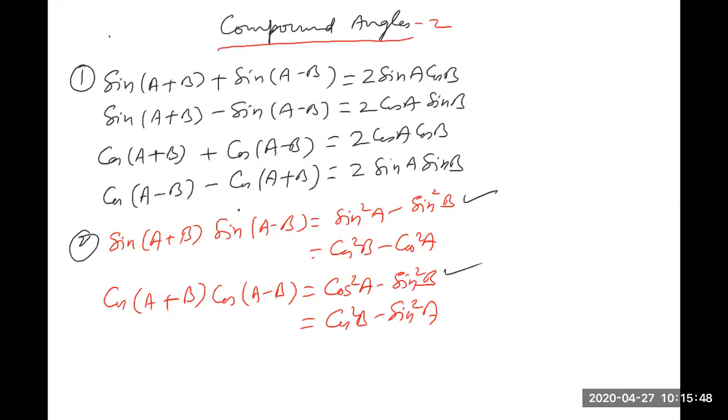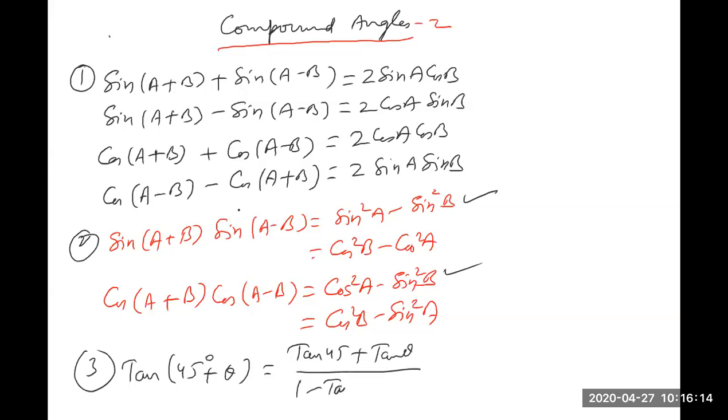Now, next. Tan pi by 4 plus theta. Using the formula for tan A plus B, tan A plus tan B upon 1 minus tan A tan B, we get tan pi by 4 plus tan theta upon 1 minus tan pi by 4 tan theta. Tan pi by 4 is equal to 1, tan 45 degree is 1. So this can be written as 1 plus tan theta upon 1 minus tan theta.